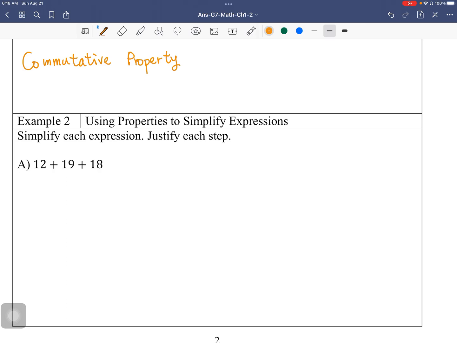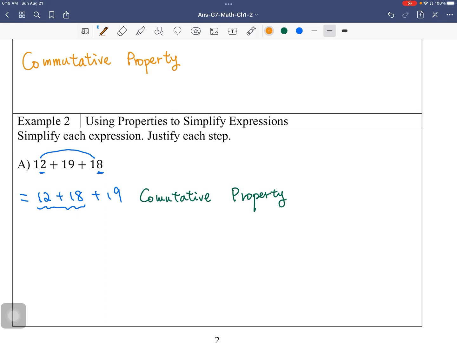Okay, so here we want to practice trying to simplify each expression, and then justify each of our steps. So here I see 2 and 8, which added up equals 10. So I want to move so that they added up together. So here I do 12 plus 18 plus 19. Since I move 12 and 18, this is commutative property.